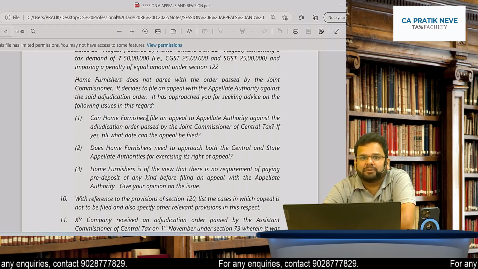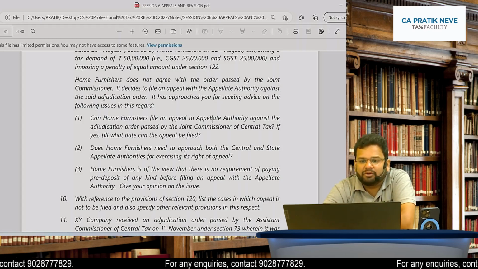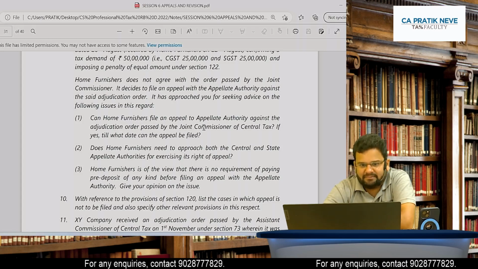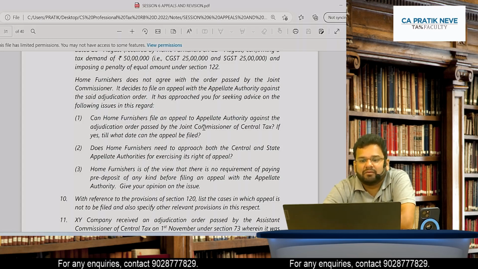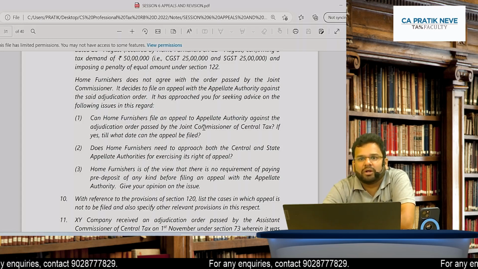Please comment properly. Can Home Furnishers file an appeal to appellate authority against adjudication order passed by Joint Commissioner of Central Tax? If yes, till what date can the appeal be filed? So within what time limit?